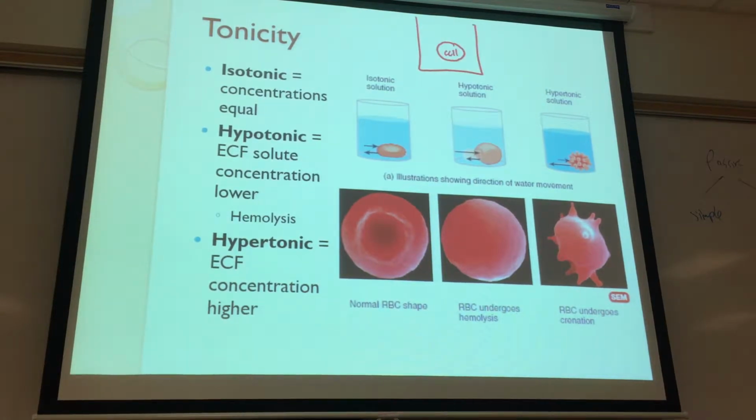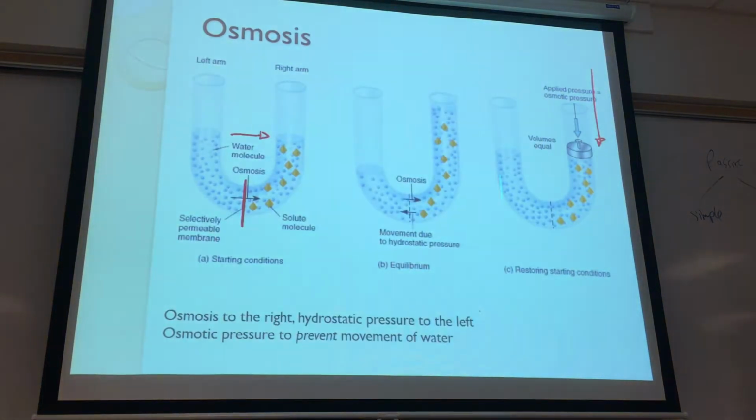This is our cell, and here is the water, and we're going to call that ECF, the inside being ICF. And this example here of the ICF, or the cell, is the right side of the tube. This would be the inside of the tube, the ICF, and this side would be the ECF.